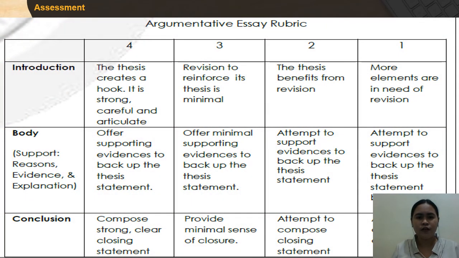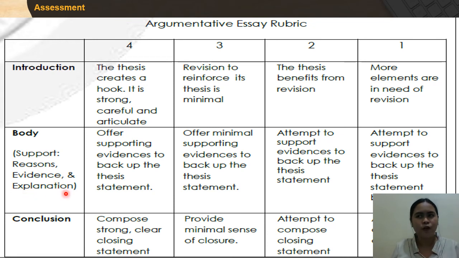So, here's your essay in argumentative writing. Rubric essay for your argumentative. You're going to have a point in your introduction if your thesis creates a hook, it is strong, careful, and articulate. For the body, it supports reasons, evidence, and explanation.